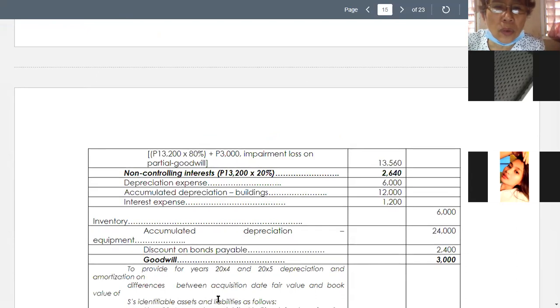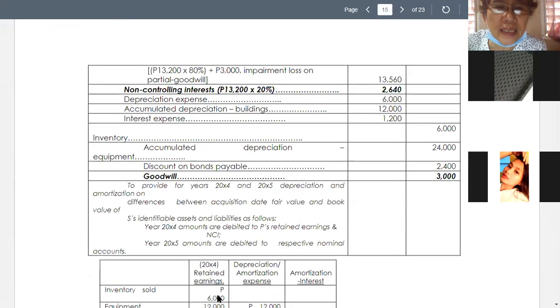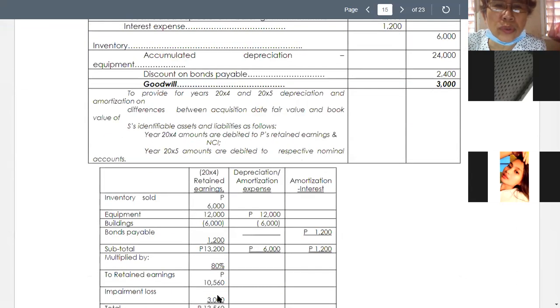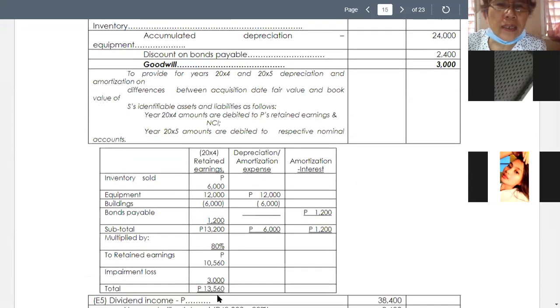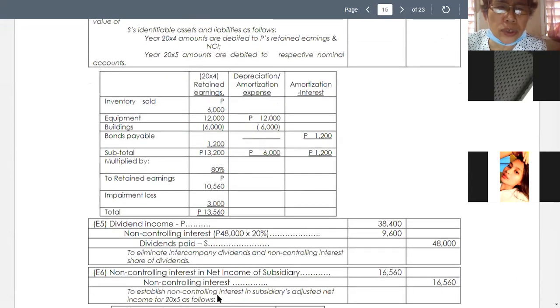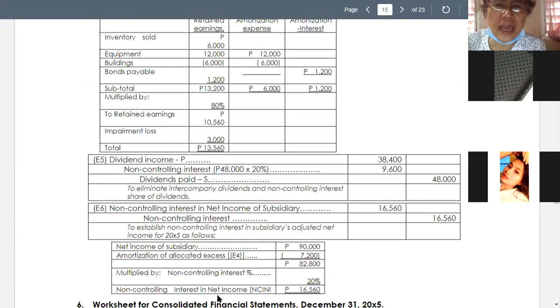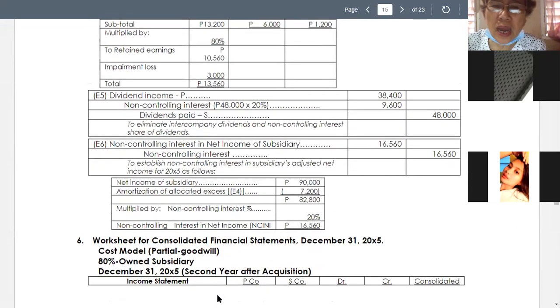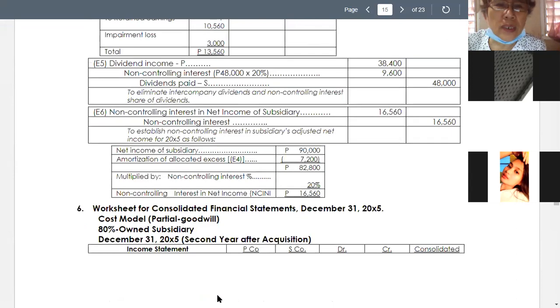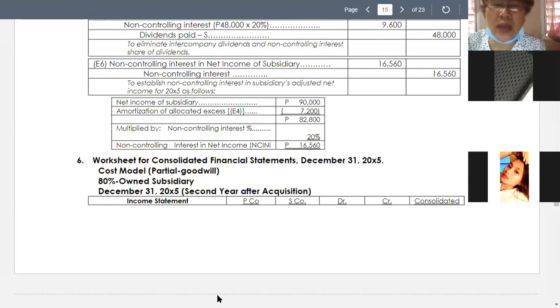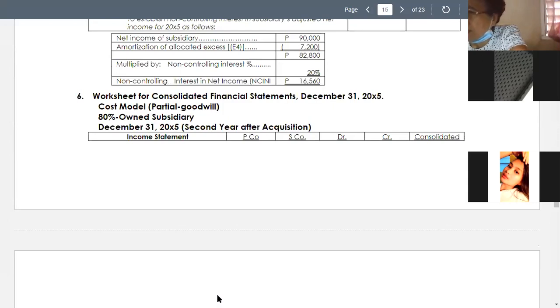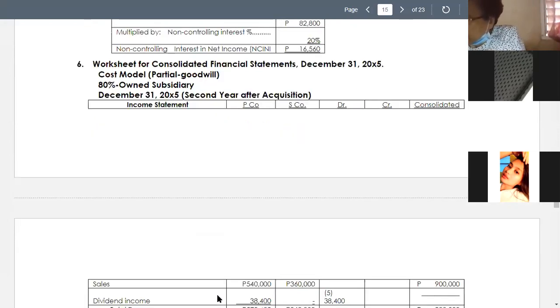Okay, so we will try to continue with all the solutions printed in the PDF up to the worksheet for the year 20x5. And take note that by now we are using the cost method of accounting as compared to the equity method.